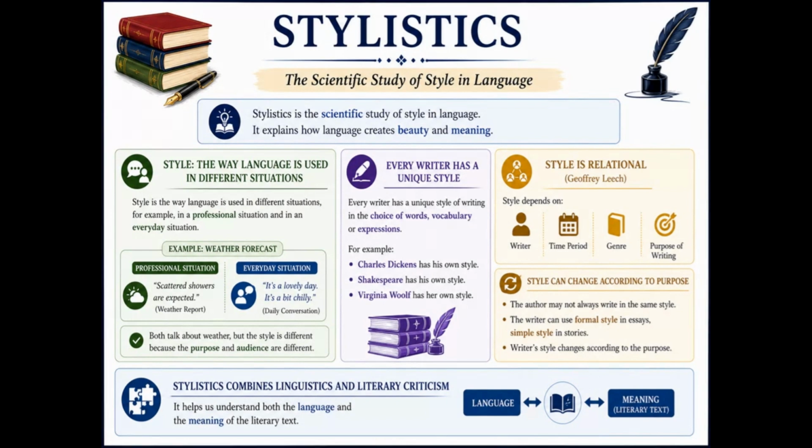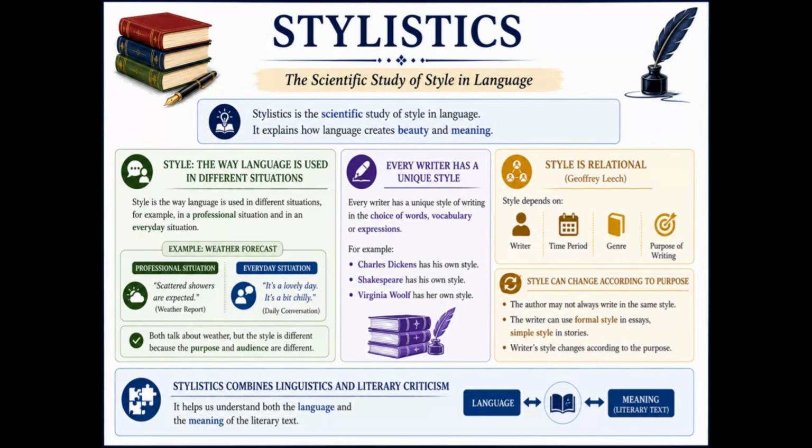If we talk about style in literature, every writer has a unique style of writing, that is, choice of words, vocabulary, expressions, etc. For example, Charles Dickens has his own style. Shakespeare has his own way of expressing things. Virginia Woolf has her own style.